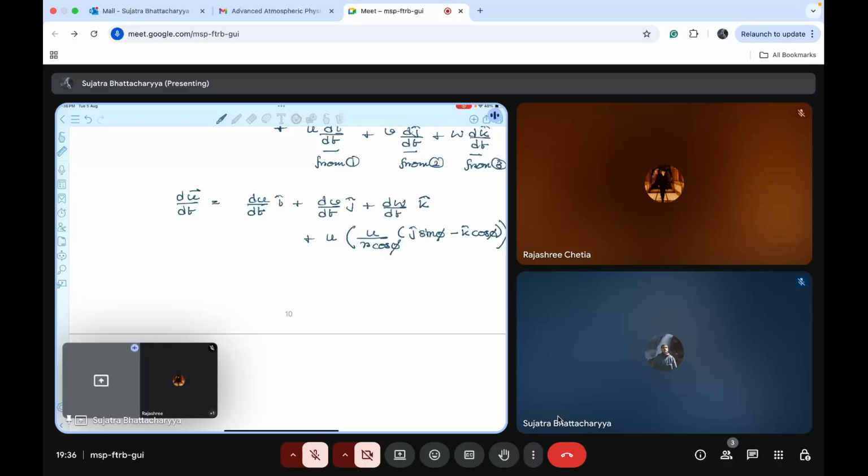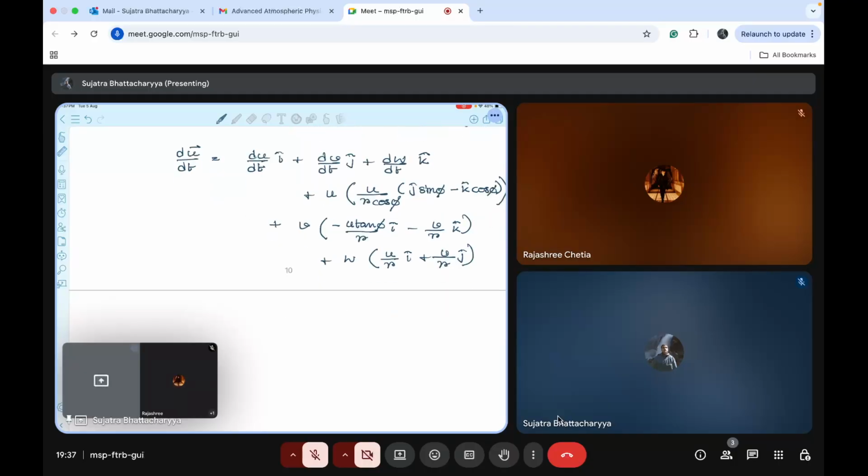Oh, sorry, the direction is already written. Okay. Plus v times dj hat dt. What was that? Minus u tan phi by r i hat minus v by r k hat. And finally, w times dk hat dt. We just now have found out that it is this.